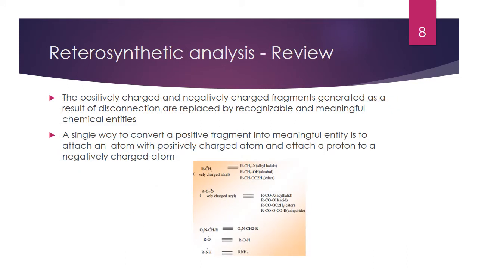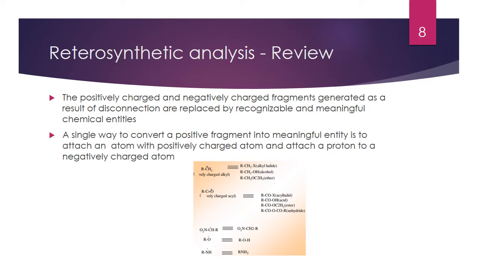The next important thing you should know in retrosynthesis is that positively charged and negatively charged fragments generated as a result of disconnection are replaced by recognizable and meaningful chemical entities. If you want to convert a positively charged fragment into a useful entity, the simple way is to attach a negatively charged or electronegative atom to the positive charge.